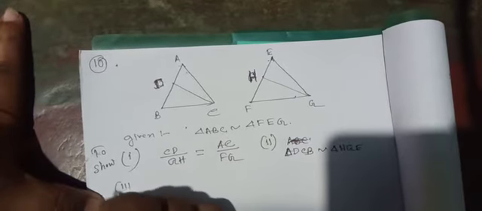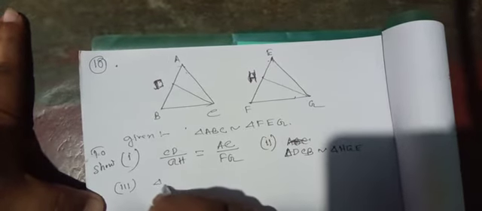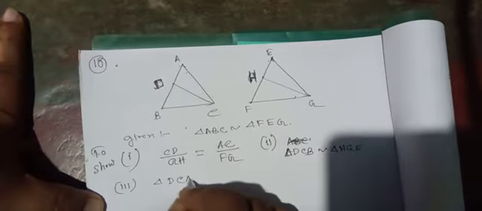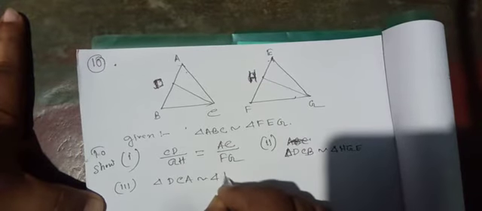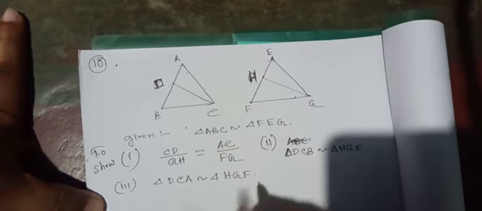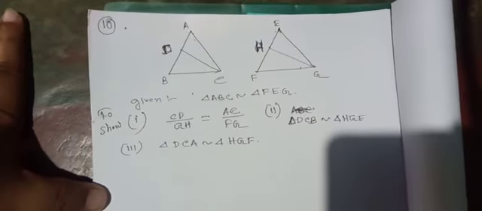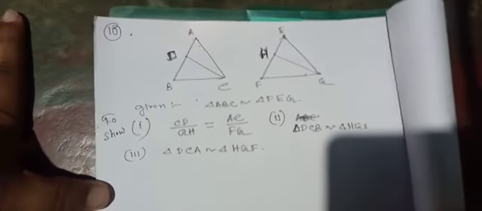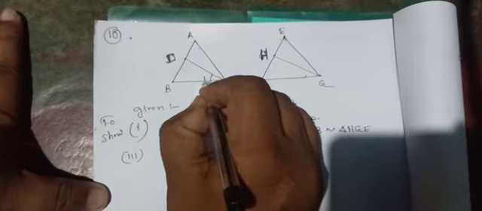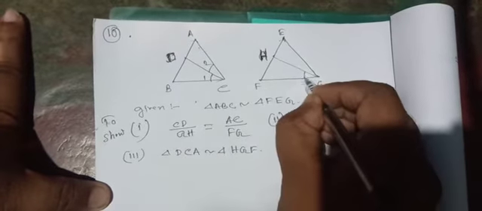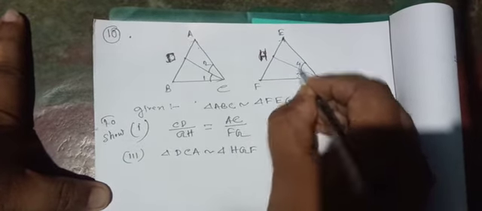Third, triangle DCA is similar to triangle HGF. We have to show it. So here comes the solution. I am just writing it. This is angle 1, angle 2, angle 3, angle 4.